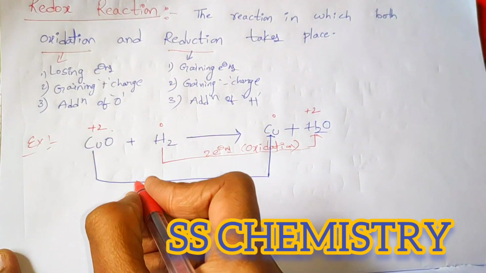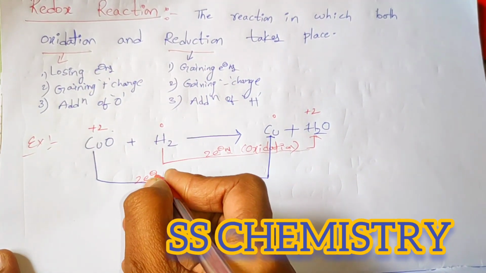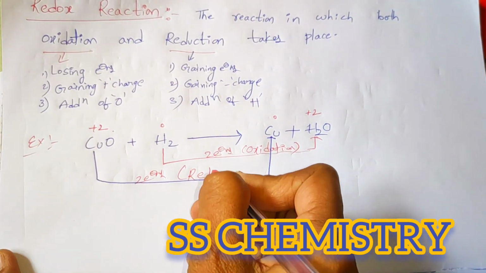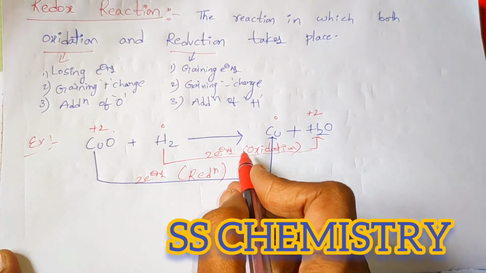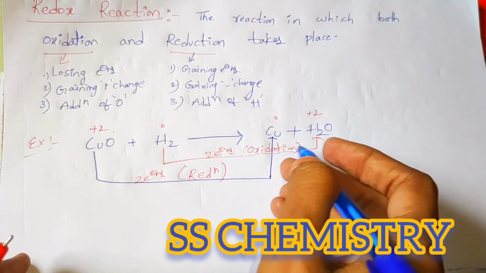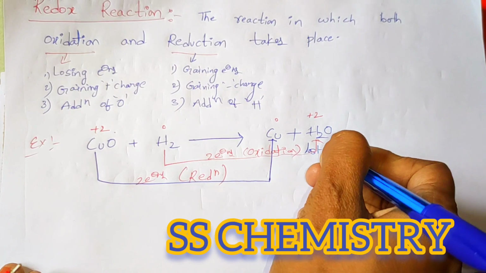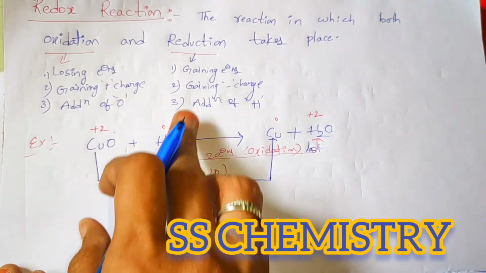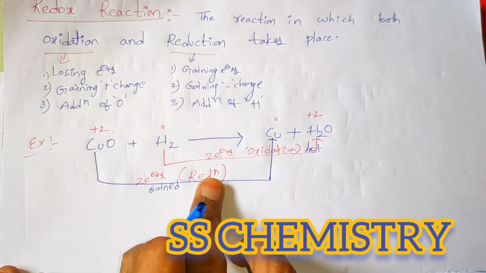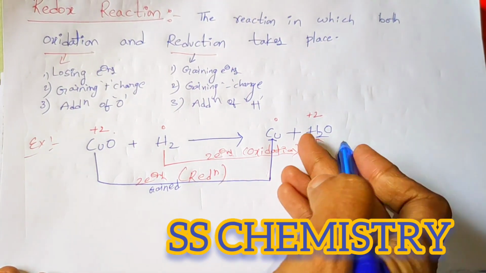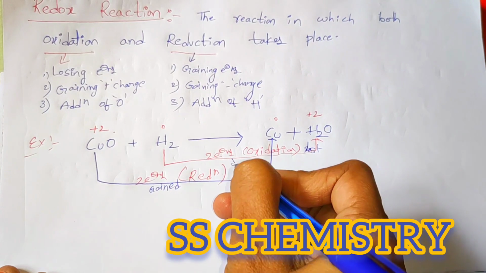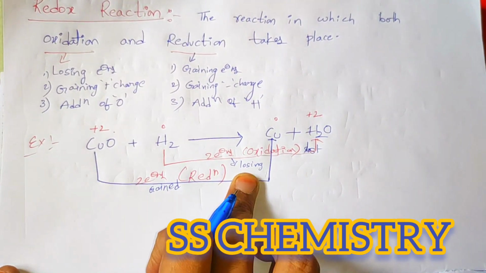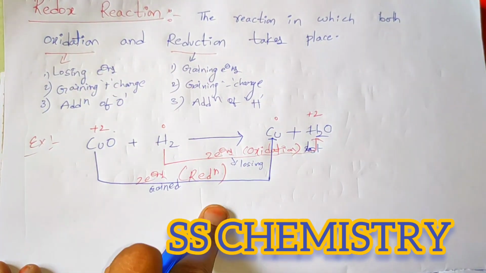How many electrons did it gain? 2 electrons it gained, so we say it is reduction. Here 2 electrons lost, here 2 electrons gained. So gaining of electrons is called reduction, and losing of electrons is oxidation.